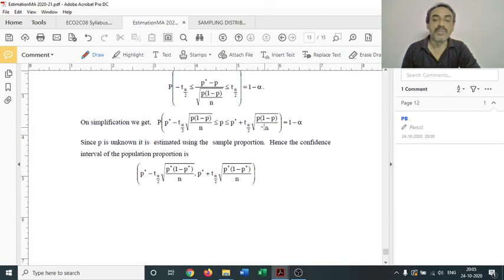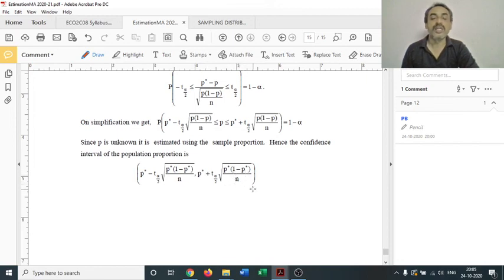But in these two limits we have the unknown proportion P. Since P is unknown, it is estimated using the sample proportion, or we can replace this P by the sample proportion P star. That's how we get the confidence limits as P star minus t alpha by 2 root of P star into 1 minus P star by n, and P star plus t alpha by 2 into root of P star into 1 minus P star by n.